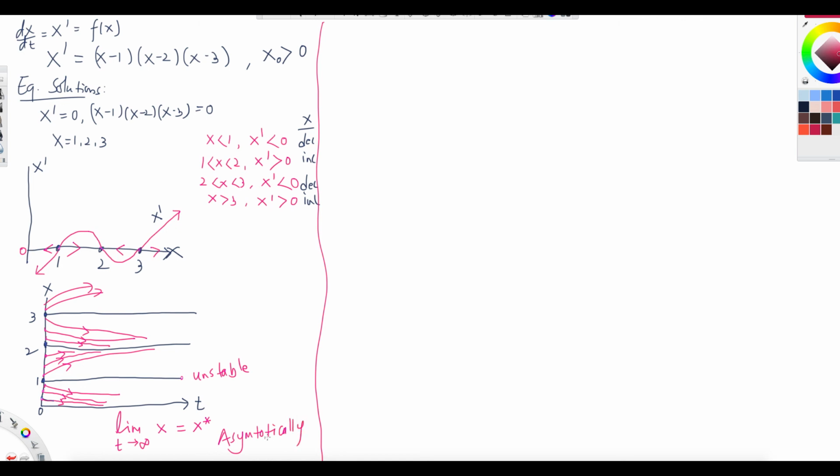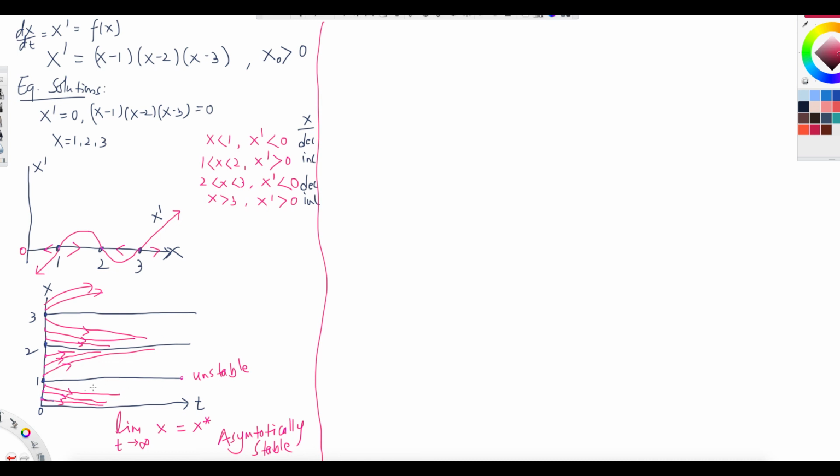When you increase the value of t, if the solution x goes to a certain equilibrium solution x star, and in this case the values of x star are 1, 2, and 3, right?